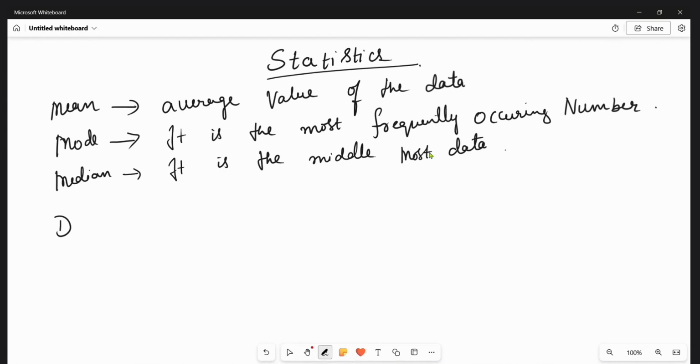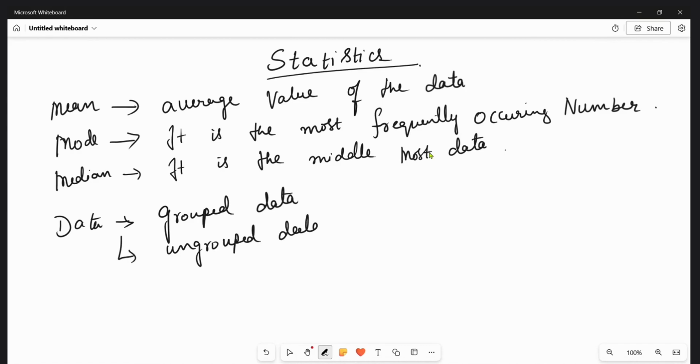Now when you come to the data, there are two types. One is the grouped data. The other one is the ungrouped data. Ungrouped data means simply the data will be given, so that is not in a table form or in a range.